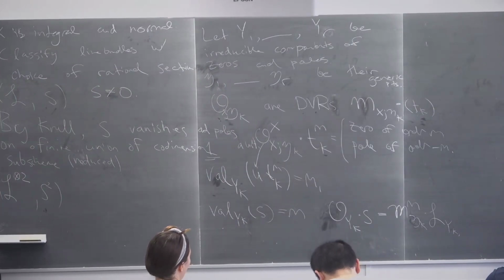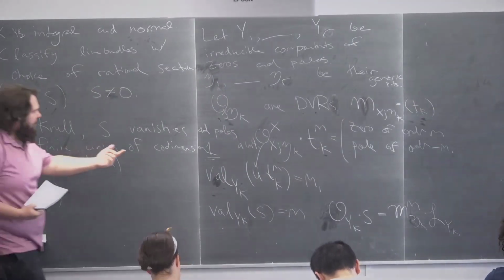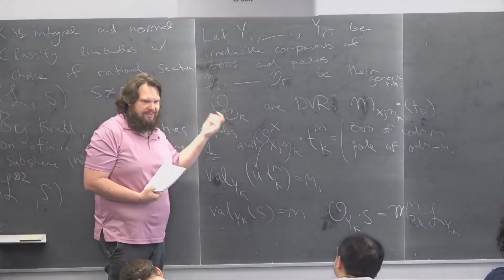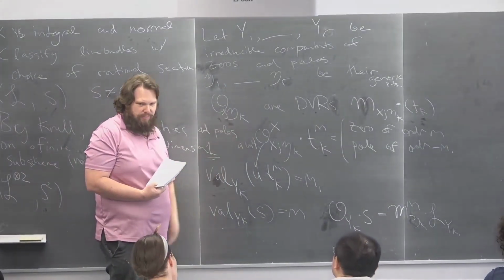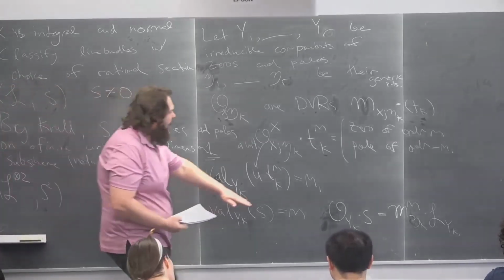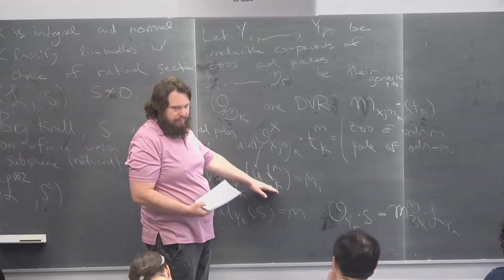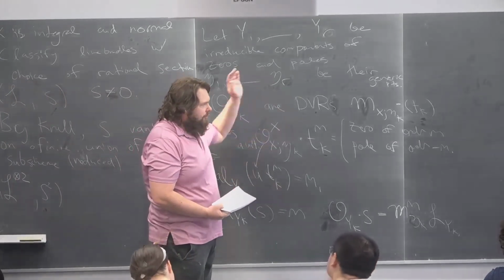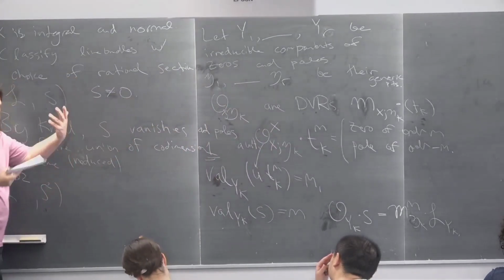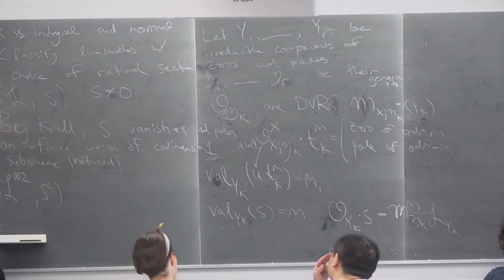Right. So the thing I'm using here is that if I'm a unit in this local ring, obviously I don't vanish. That's what it means to not vanish at a point. So I'm measuring how far from being a unit I am. In a general crazy local ring, there are lots of different directions in which you could differ from being a unit.